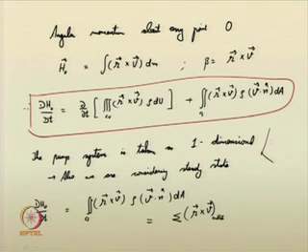Say if this is the inlet portion, this is the area that you are integrating. For rho V dot n dA, n is the unit outward vector from this surface.